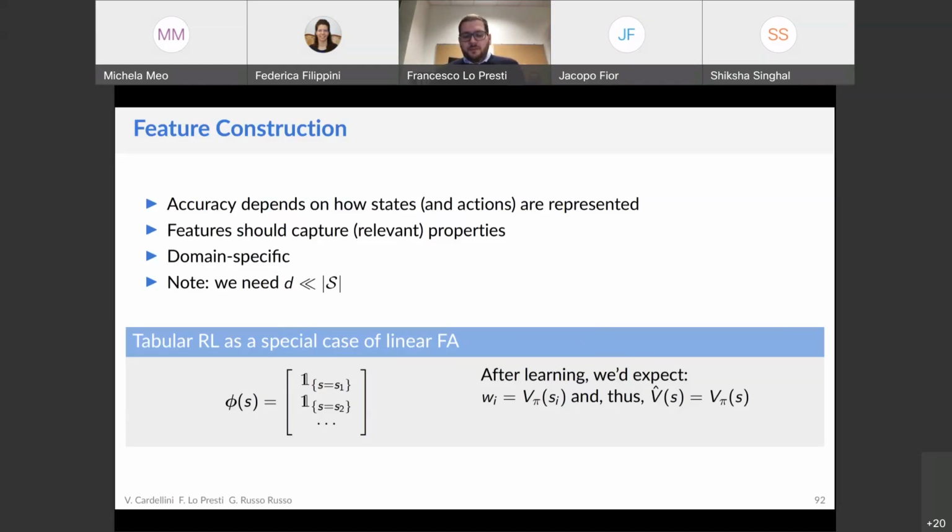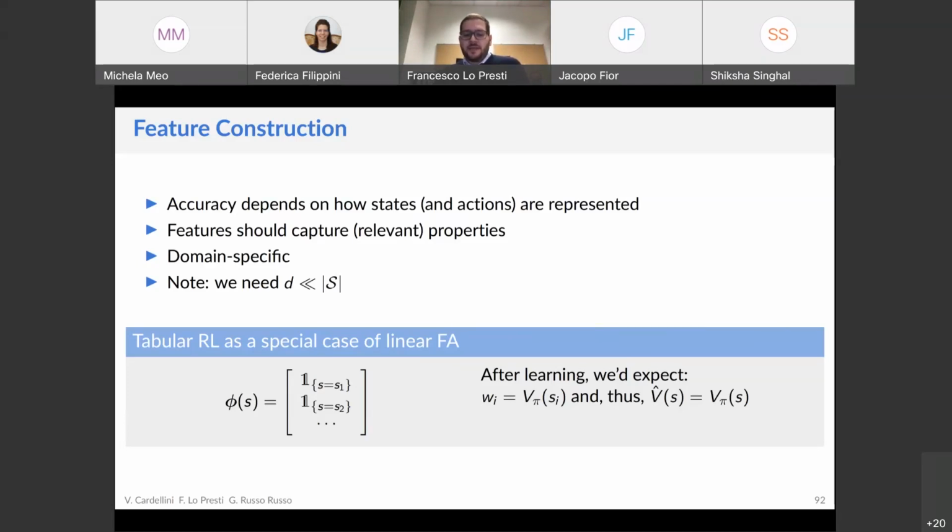Just to give you an example, we can note that tabular reinforcement learning can be regarded as a special case of linear function approximation, where we use exactly one feature for every state in the model. Each feature is a binary function, which is non-zero only for a single state.